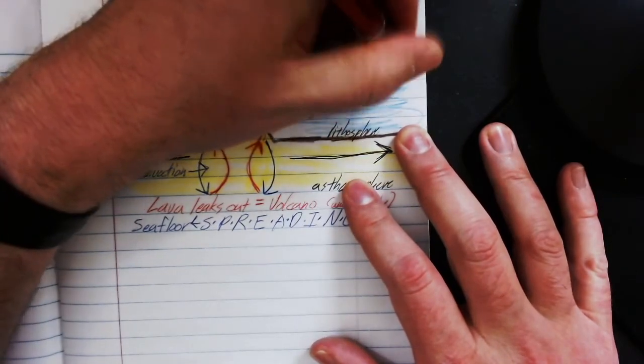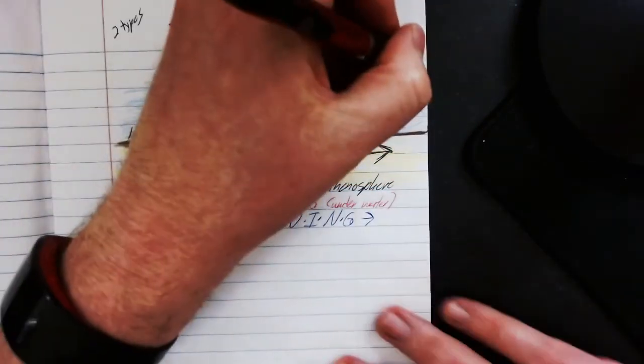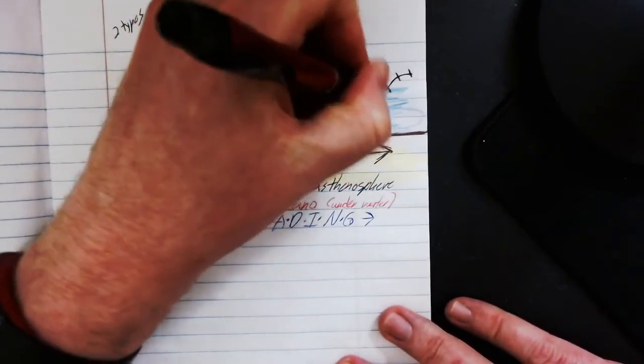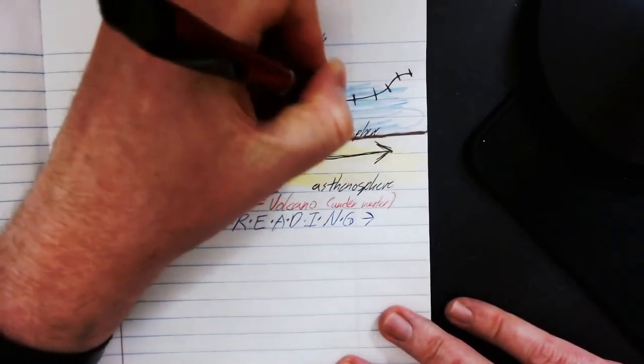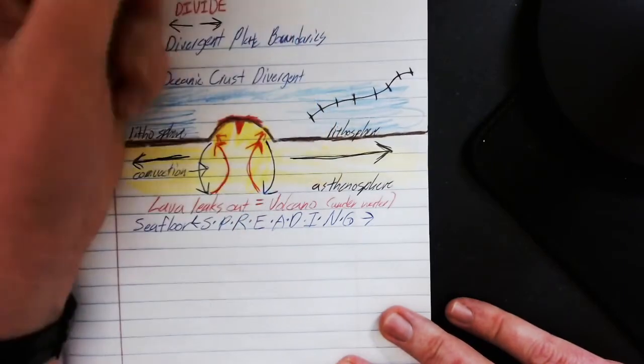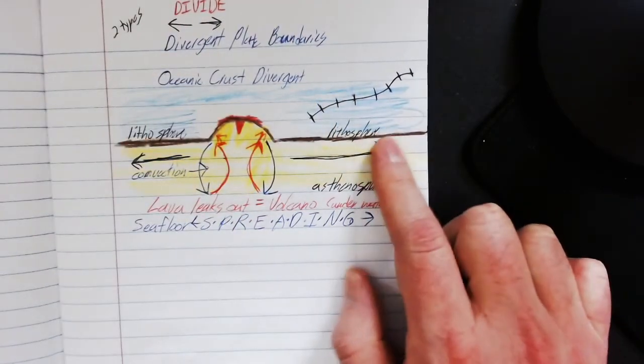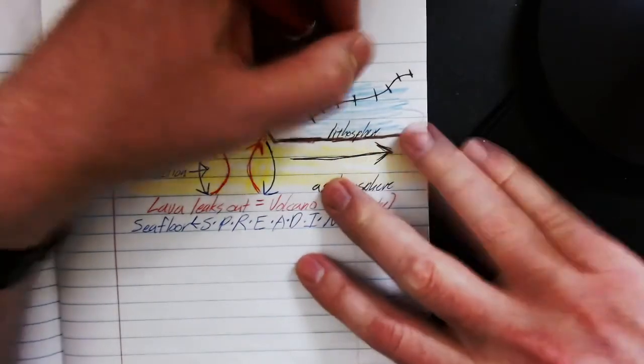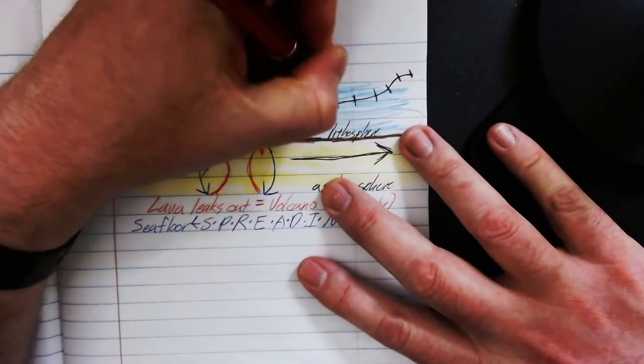And this line, seriously, from space, it looks like a cut that has been stitched up. So this cut that's been stitched up is called a ridge.